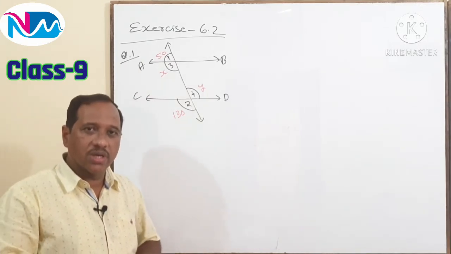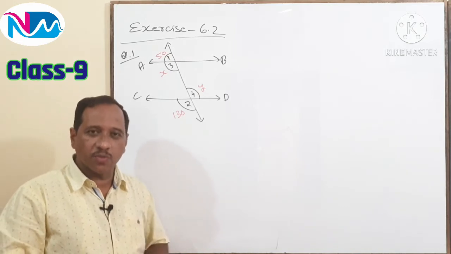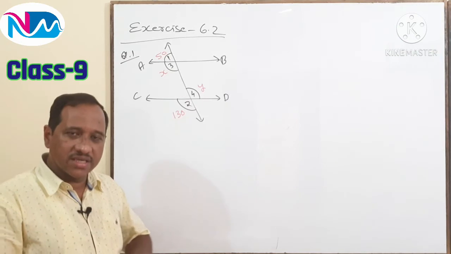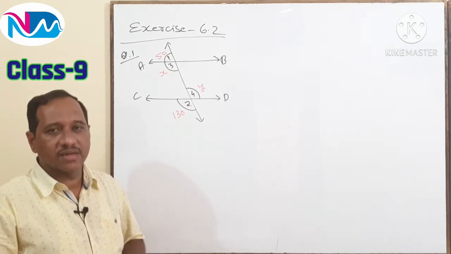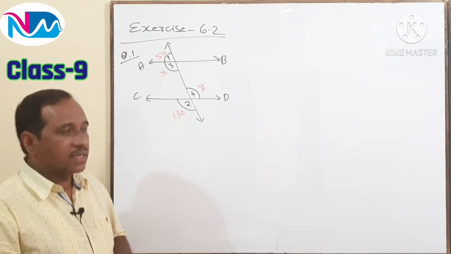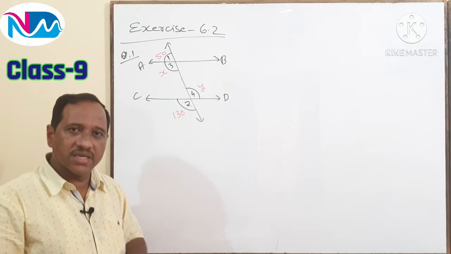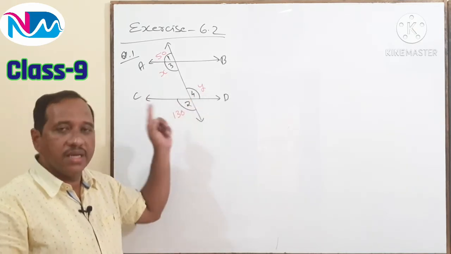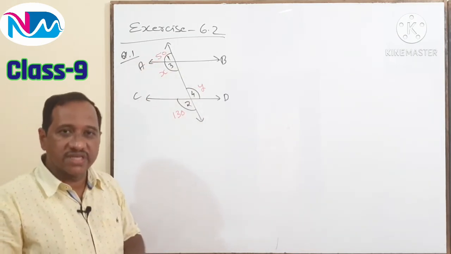To prove two lines are parallel, either show a pair of corresponding angles are equal, or a pair of alternate interior angles are equal, or a pair of co-interior angles are supplementary. Here x and y form a pair of alternate interior angles. If x and y are equal, then we can say that AB is parallel to CD.